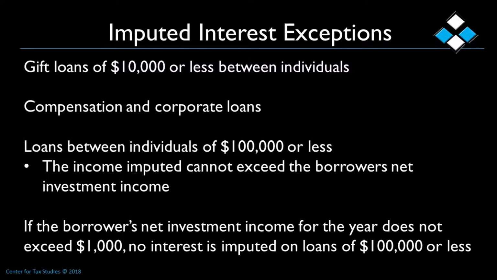Here, the imputed interest cannot exceed the borrower's net investment income for the year. Or, stated another way, the income imputed cannot exceed the borrower's net investment income. If the borrower's net investment income for the year does not exceed $1,000, then no interest is imputed on loans of $100,000 or less, unless there is a tax avoidance motive.